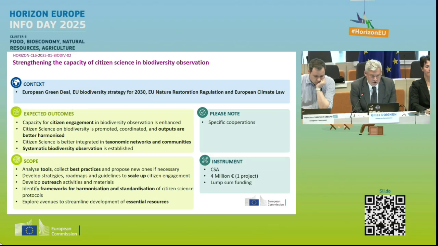Develop outreach activities and materials. Identify frameworks for harmonization and standardization. This is very important, of citizen science protocols, so also harmonization and standardization of data, and explore the avenue to streamline development of essential resources, really to boost citizen science in Europe.